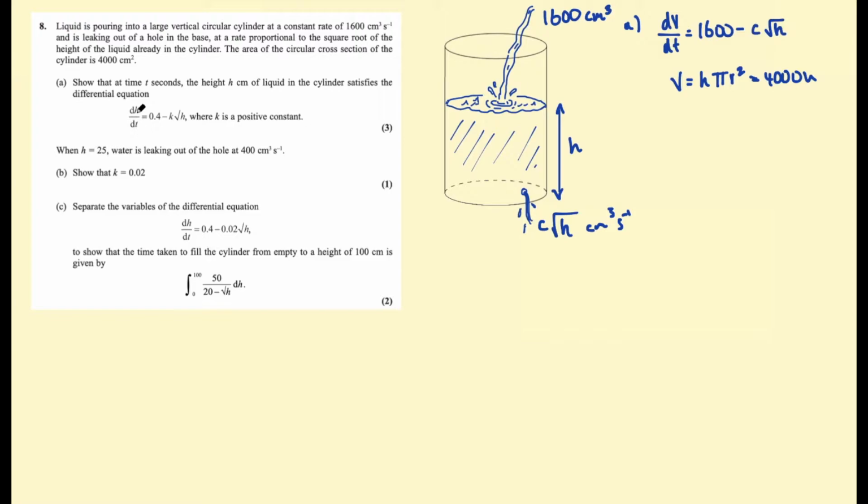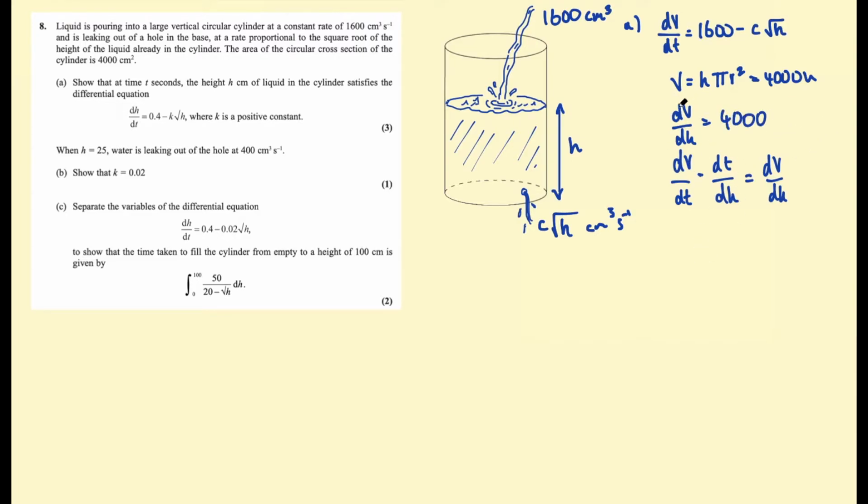To write an expression for dh/dt, we're going to use this relationship here: dV/dt multiplied by dt/dh equals dV/dh. Think about that as the dt sort of cancelling out. It's a differential equation relationship. So we have dV/dt, and we can find dV/dh by differentiating this expression. If V equals 4,000h, then dV/dh will be 4,000.